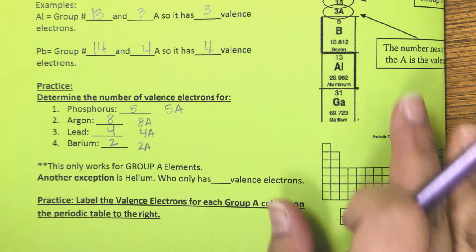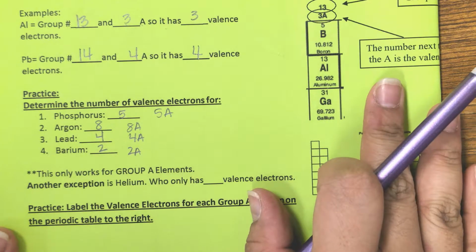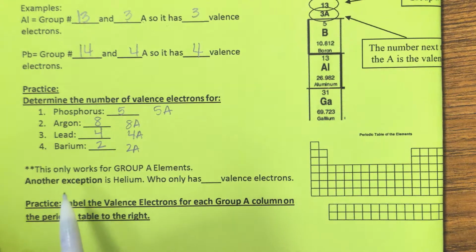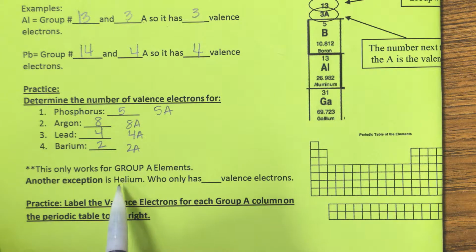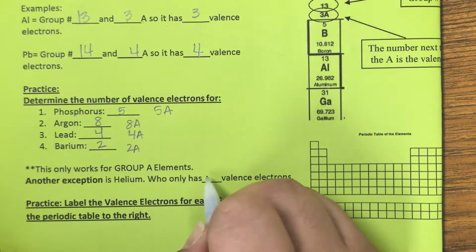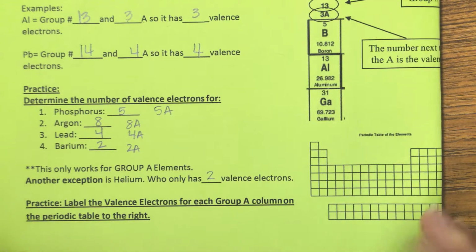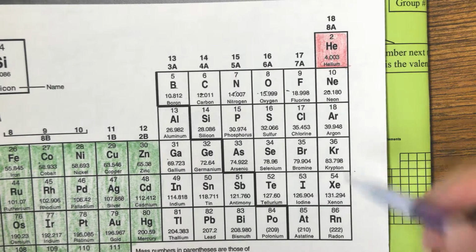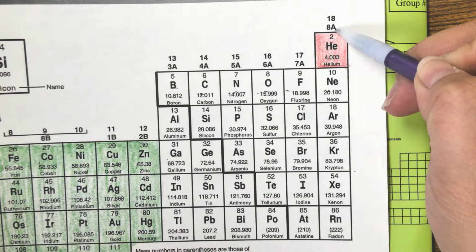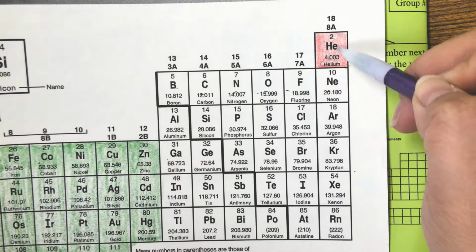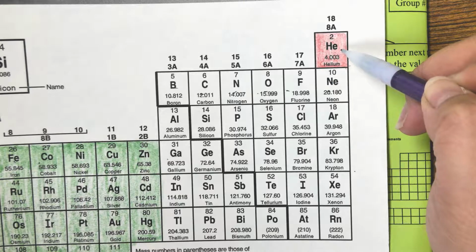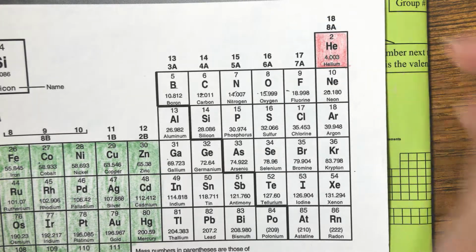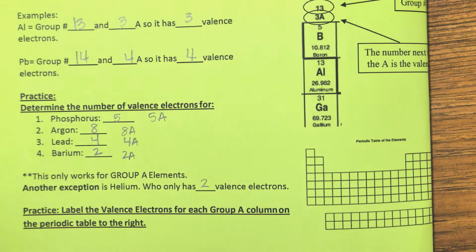Another exception to that shortcut is helium. Helium only has 2 valence electrons. So even though helium is in group 8A, it still only has 2 valence electrons, not 8. You do have to remember that.